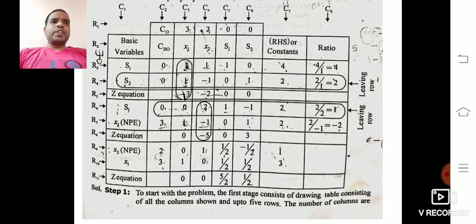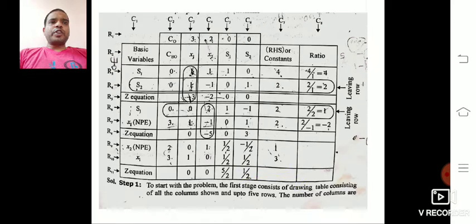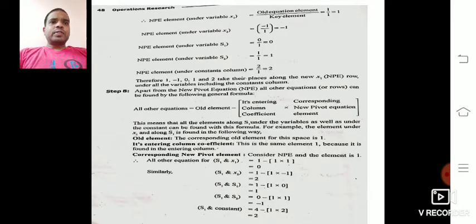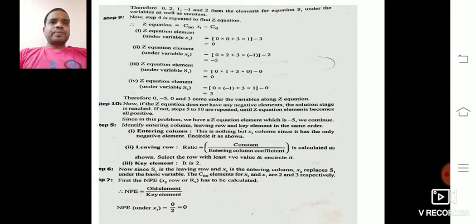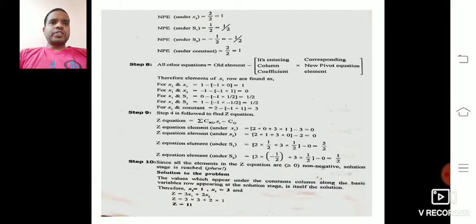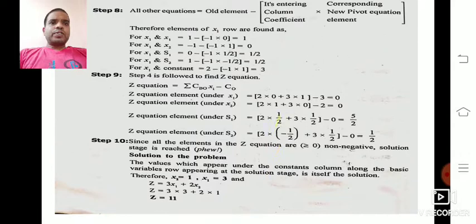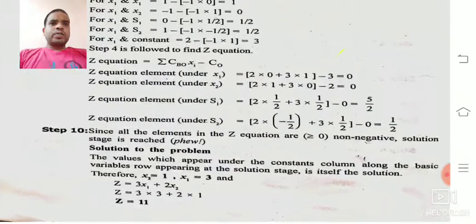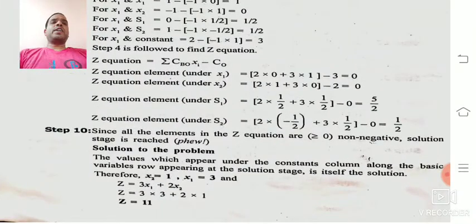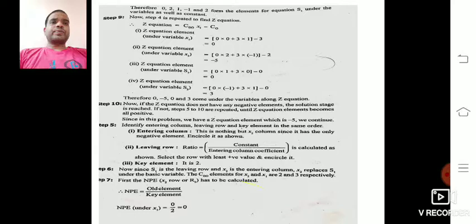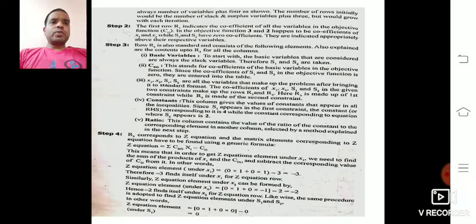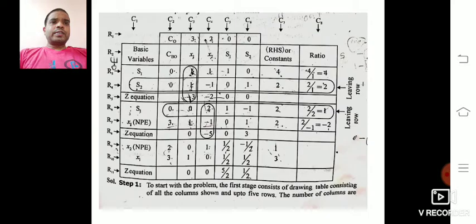These values we are going to put in the objective function 3x1 plus 2x2. x1 we got 3 and x2 we got 1, so z equals 11. Okay, z equals 11.